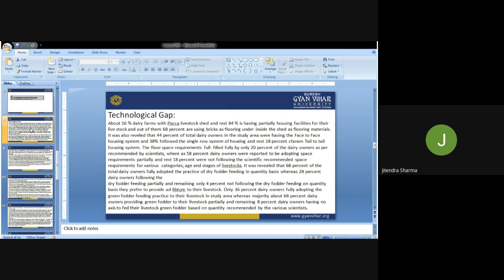Only 30% of owners fully adopt the green fodder feeding practice in the study area, whereas the majority, 68%, provide green fodder partially, and the remaining 8% have no access to feed green fodder in the quantity and quality recommended by the scientists.